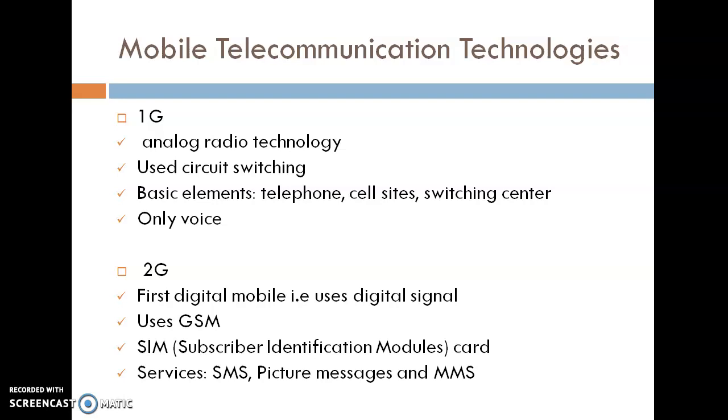The first generation mobile was introduced in the 1970s and early 1980s. It was an analog radio technology used to send only voice signals, from one phone to another.